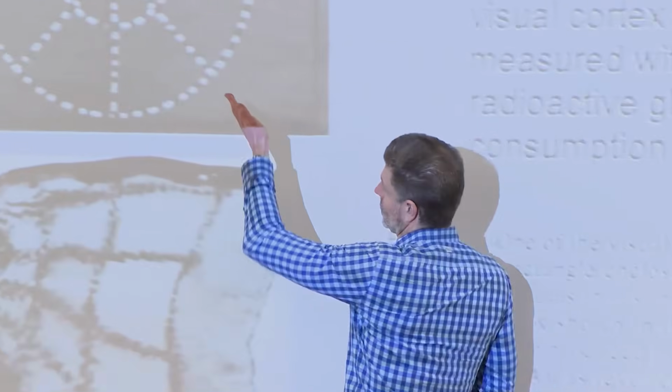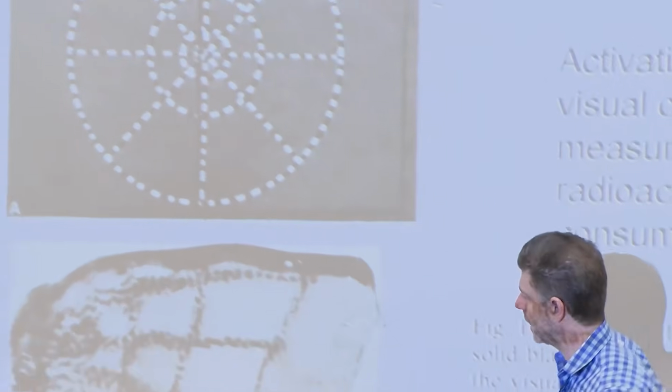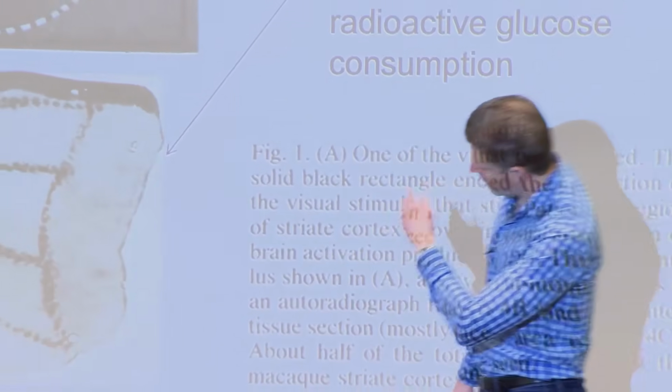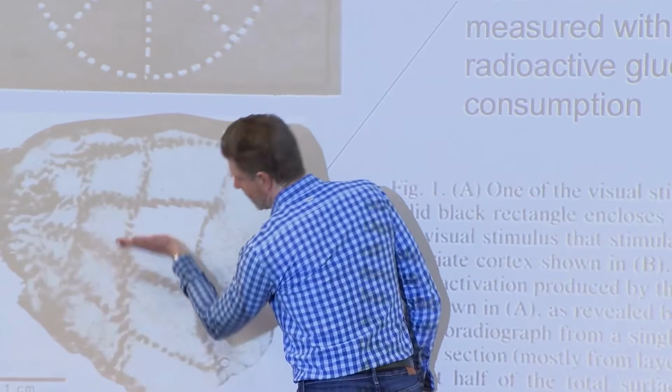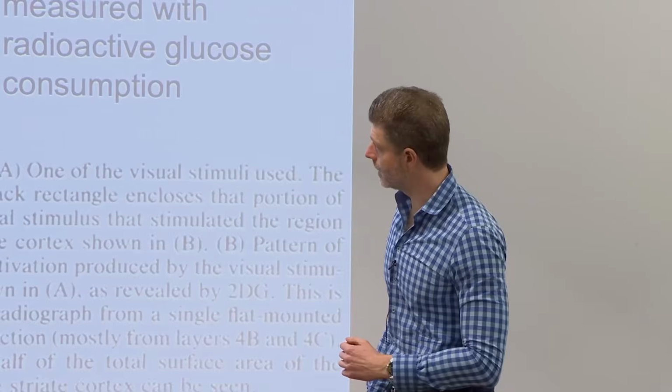So it's like there's polar coordinates here, and then you have these spokes that emerge from the wagon wheel. And you can see that those polar coordinates get translated into what looks like Cartesian coordinates, roughly speaking, in the visual cortex.